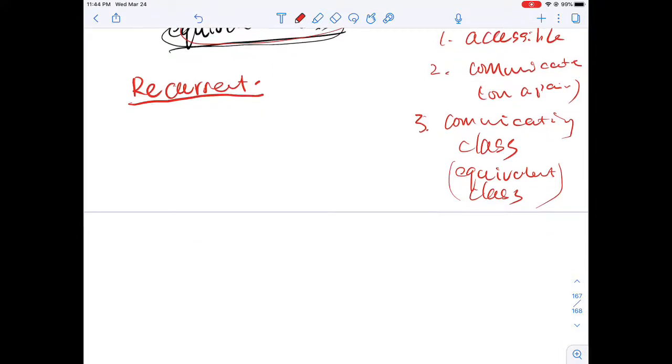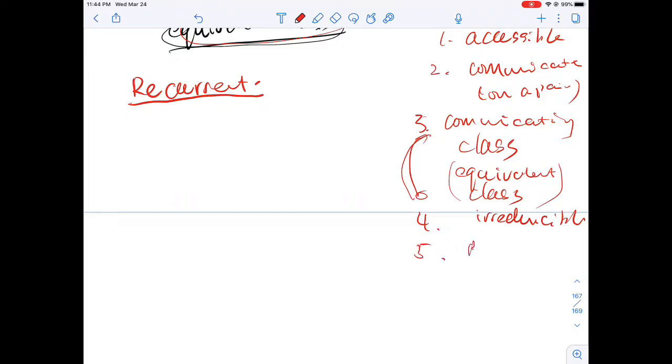The fourth one is irreducible, which means there's only one single communicating class in the graph, or in other words, the whole thing is strongly connected.